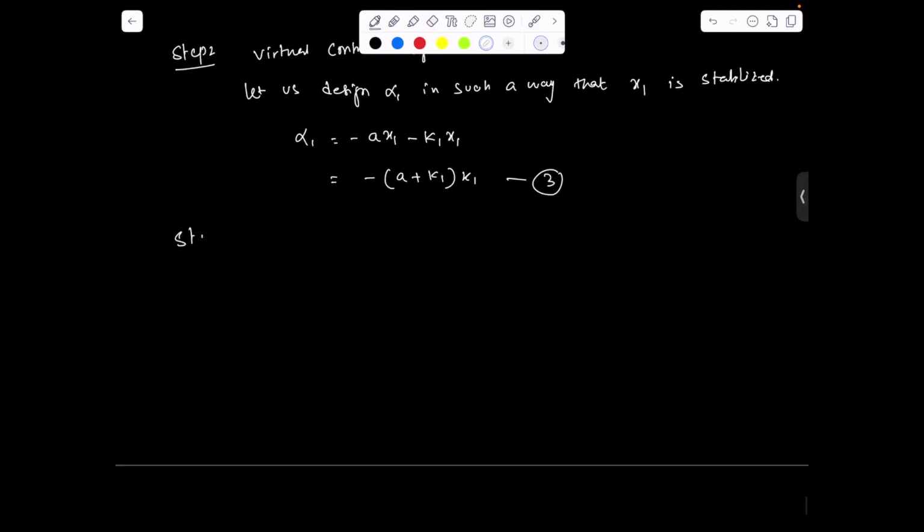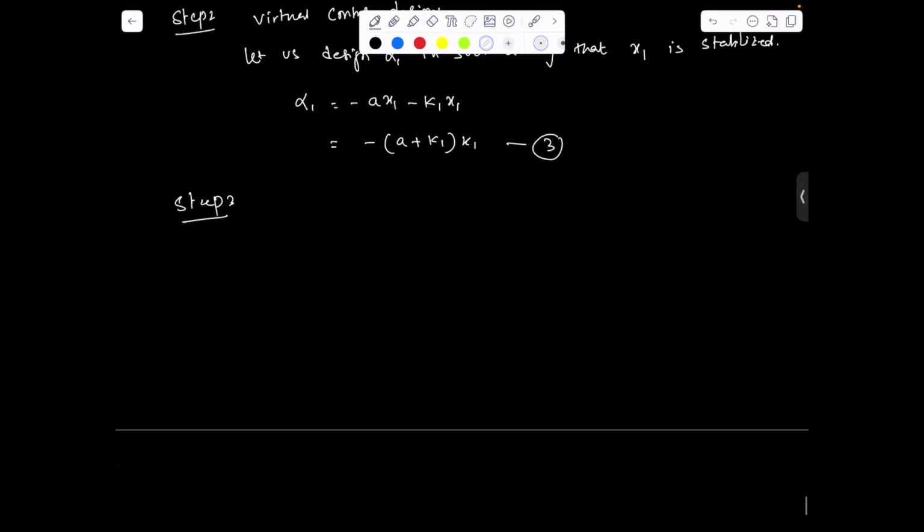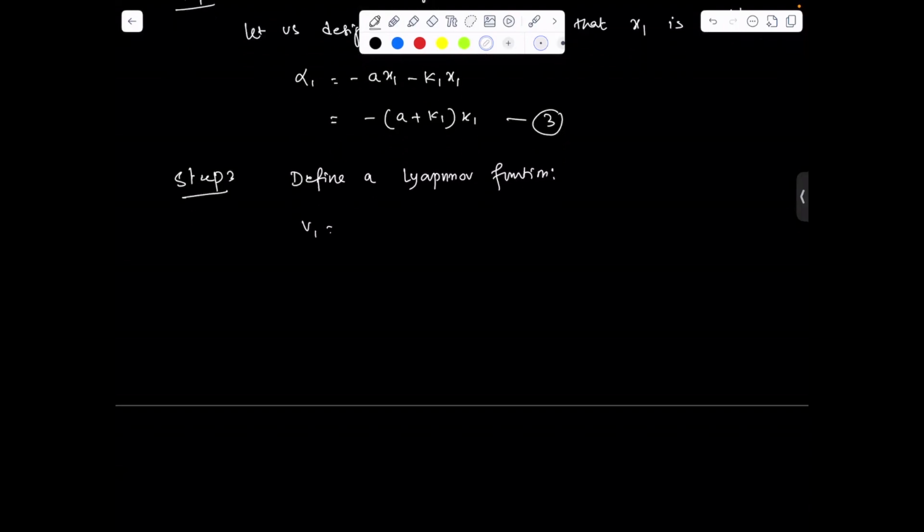Now step 3. Let us define the Lyapunov function as V1 equal to half x1 squared, and V1 dot we can write as x1 x1 dot.